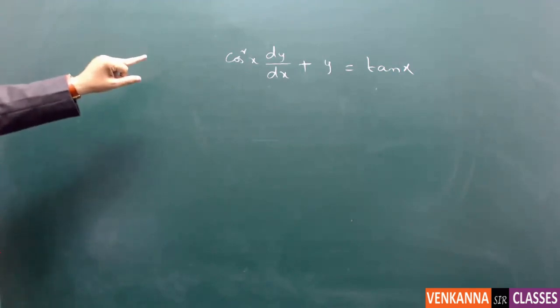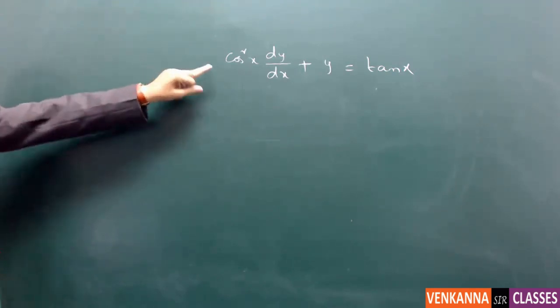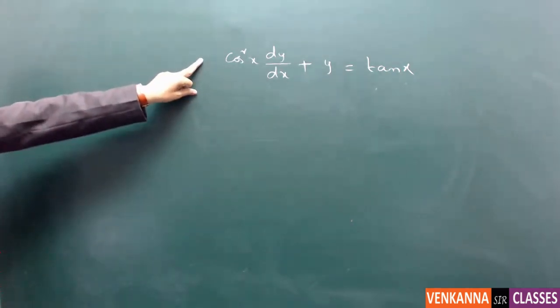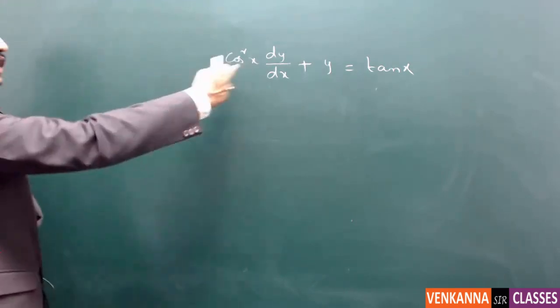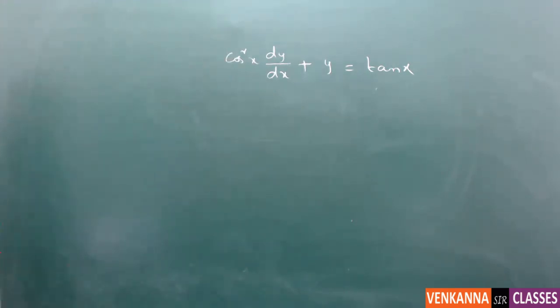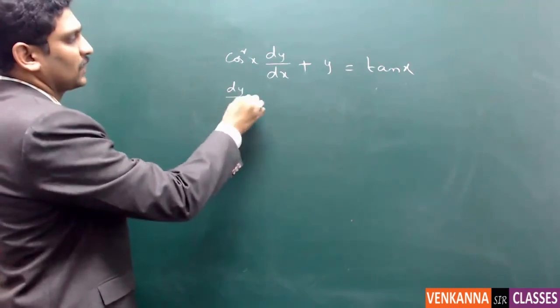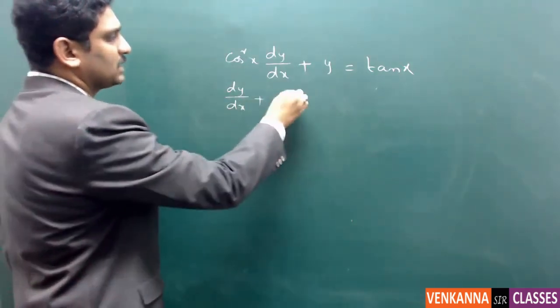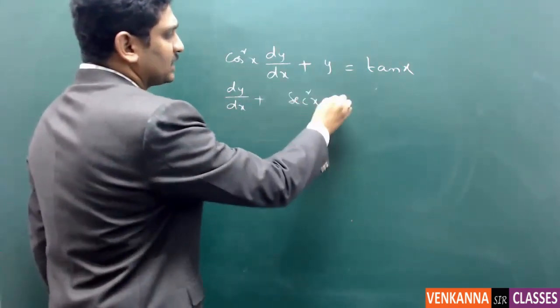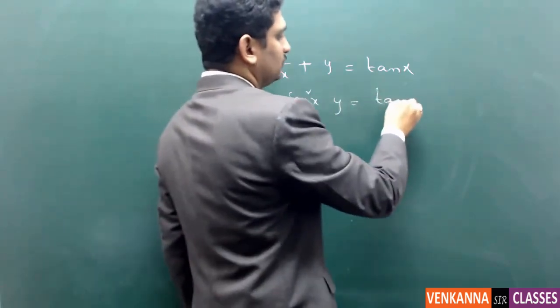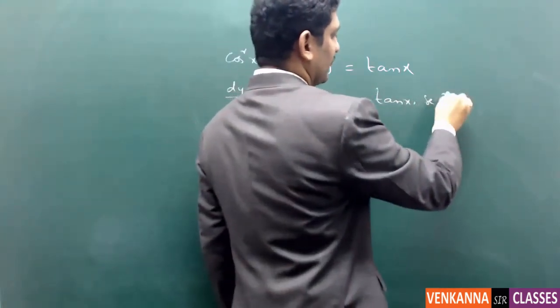So in order to convert that into the standard form described earlier, divide the total equation with cos square x, then dy by dx plus secant square x into y equal to tan x into secant square x.